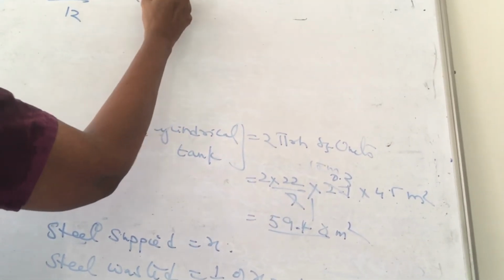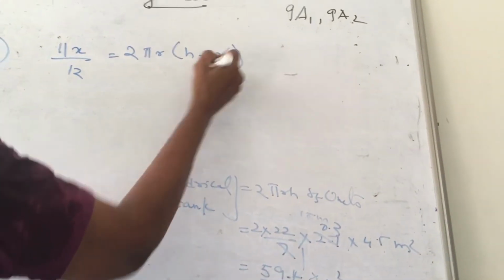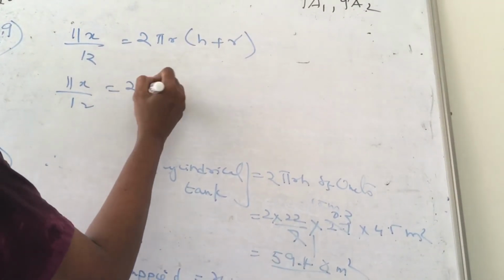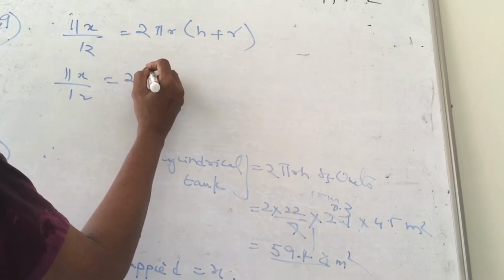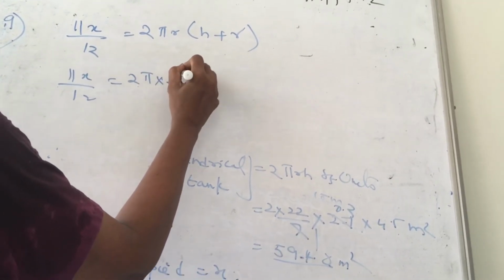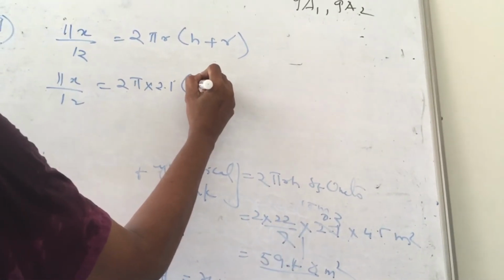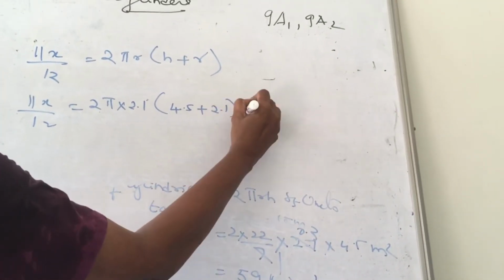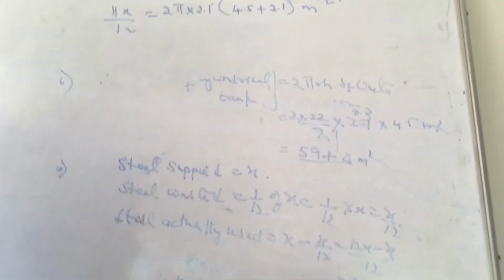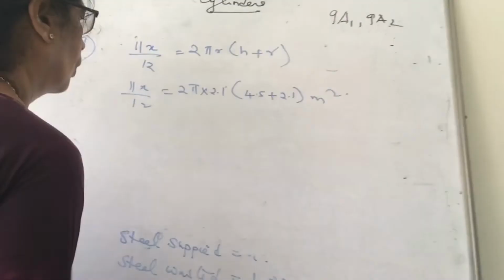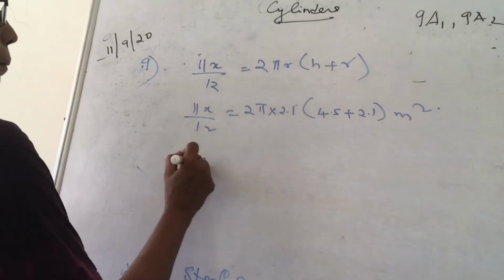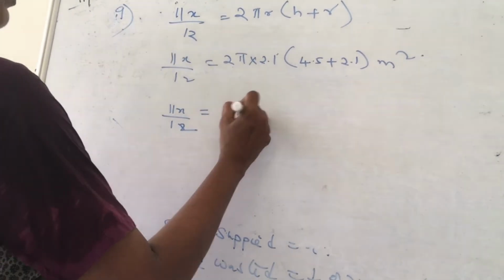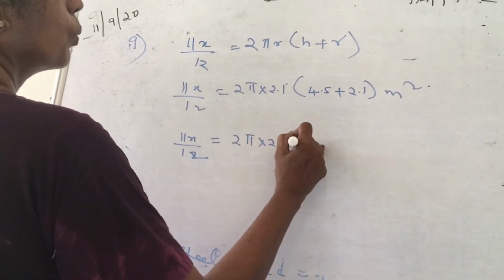Two pi r into h plus r. Yes, what is r value, children? R is how much? 2.1 into h, 4.5 plus 2.1 meter square. 11X by 12 is equal to 2 pi into 2.1.